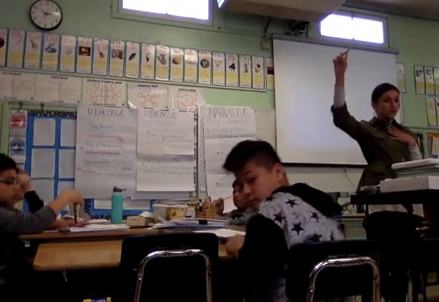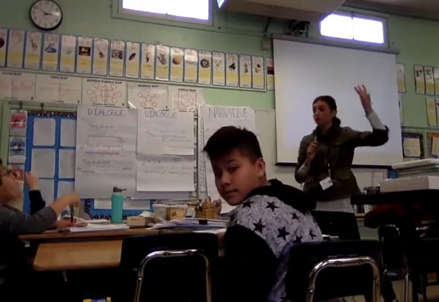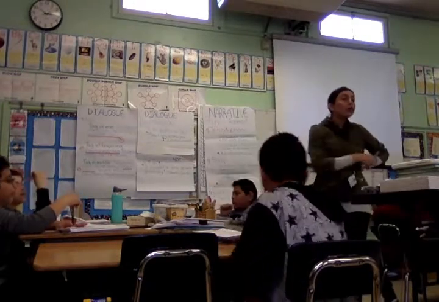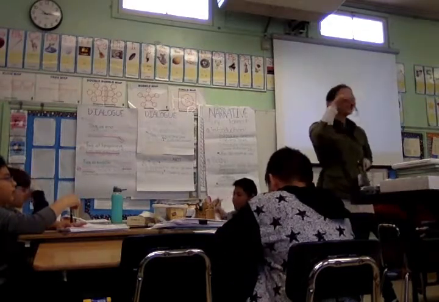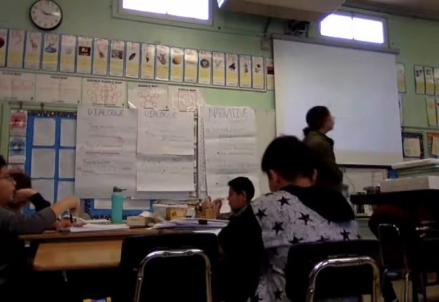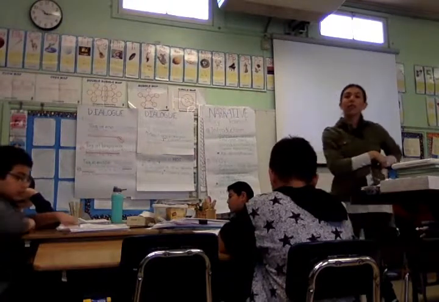That's first person. Third person is another option. Third person, where you are the narrator and you're looking at the story from an outside point of view, right? So you use words like he, she, they, them, their.